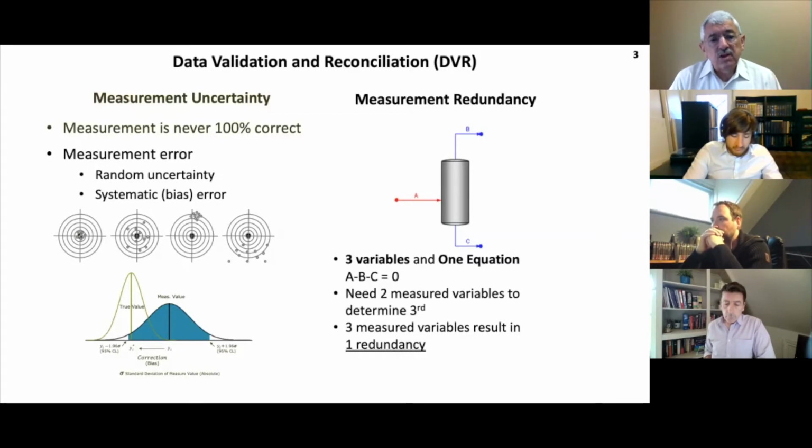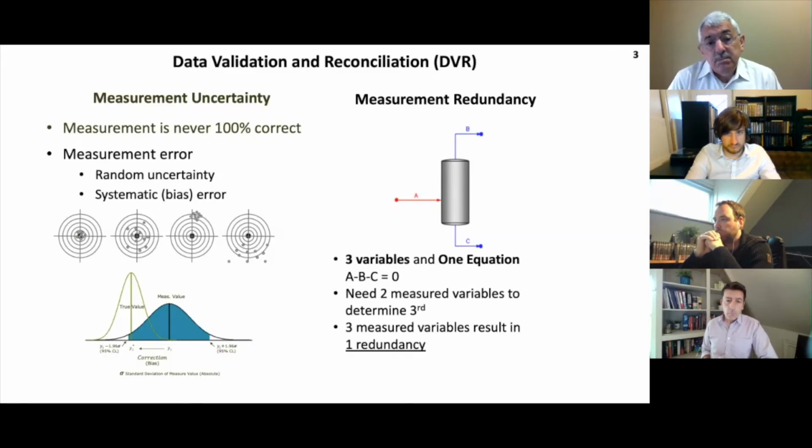That's what simulation does. But if you have a third measurement, in this case C, then what if C and B do not equate to A? That's where DVR jumps in, to adjust these three variables within their expected range of expectancy, and then come up with new values, which we call the reconciled values, that fit 100% that conservation equation, A minus B minus C.